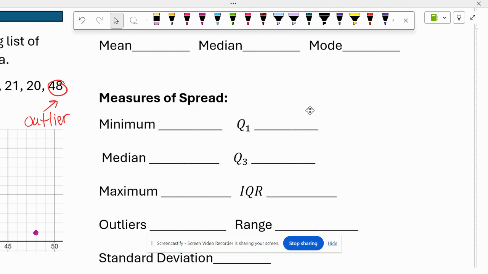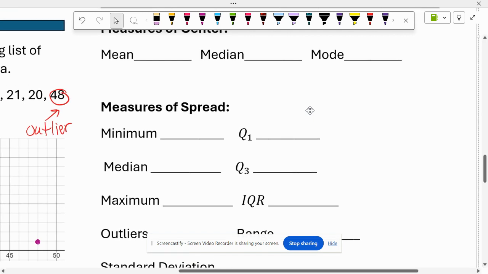All right, Peyton, what did you get for the mean? Do you need help? Okay. Did you input your data? So stat, edit, you're going to input your list.